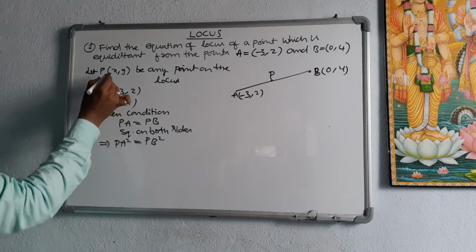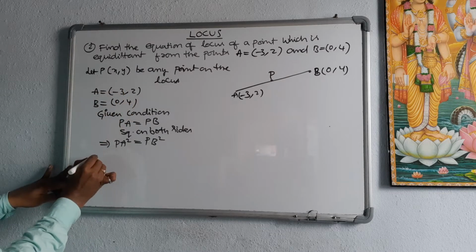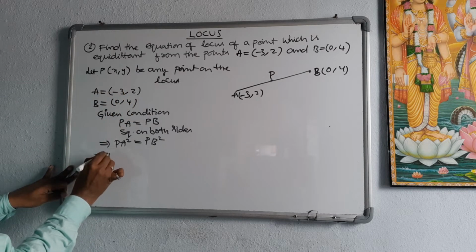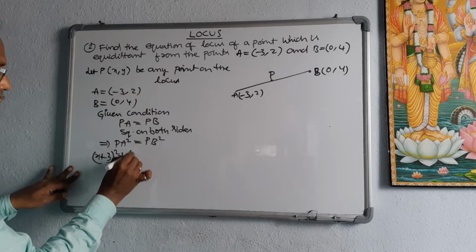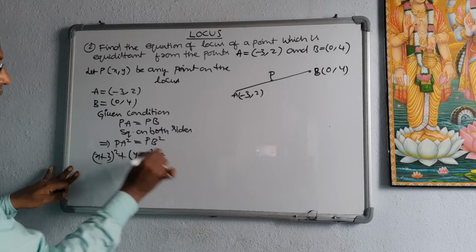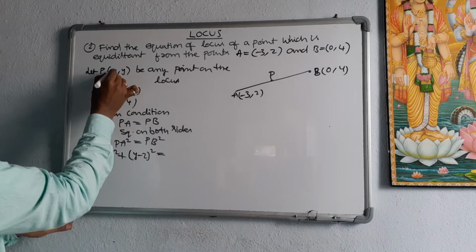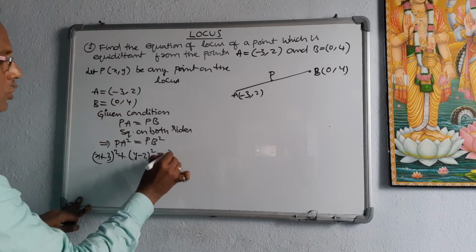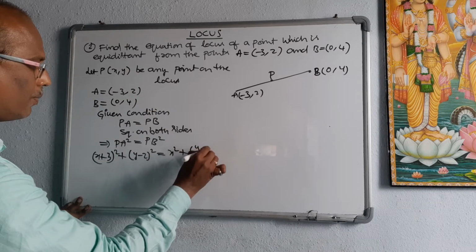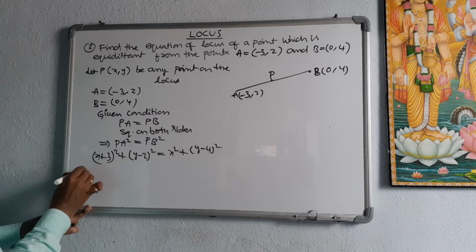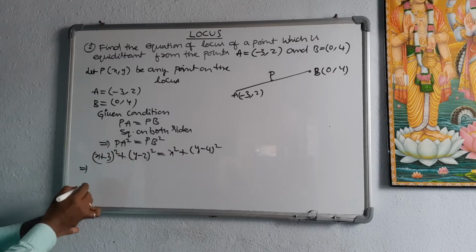Apply the formula: (x - (-3)) whole square, that is (x + 3) whole square, plus (y - 2) whole square is equal to PB square, (x - 0) whole square plus (y - 4) whole square. Here we use the expansion of the (a + b) whole square formula.